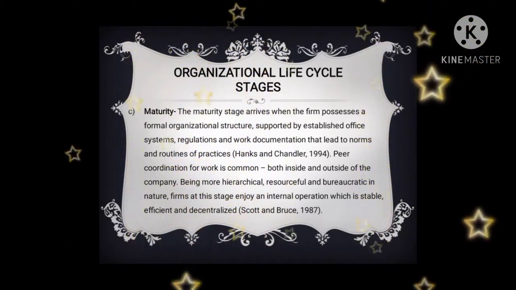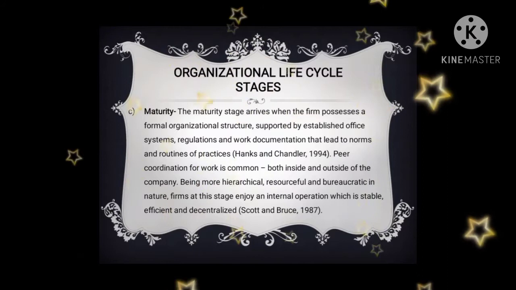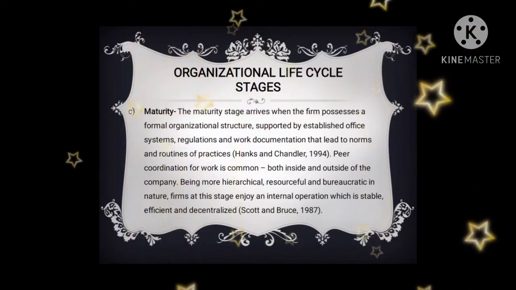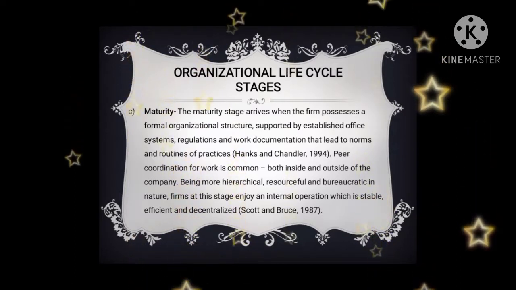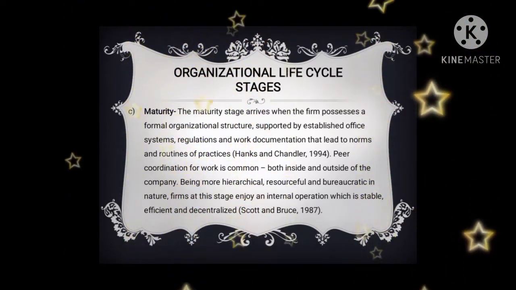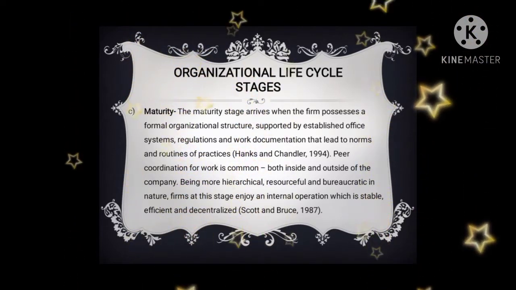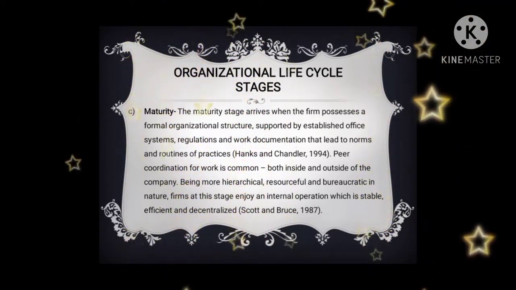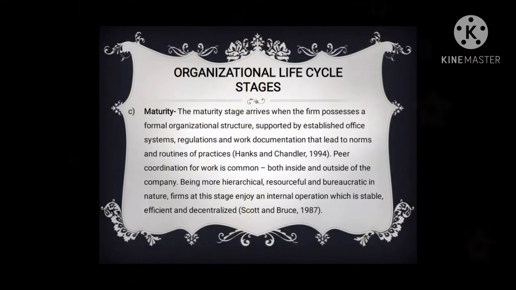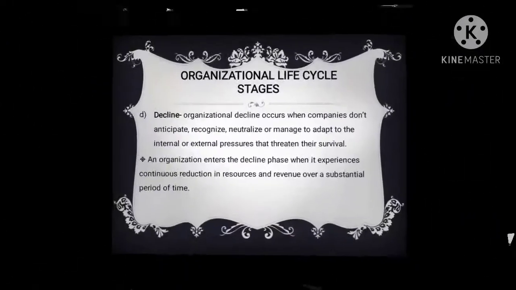Peer coordination for work is common both inside and outside of the company. Being more hierarchical, resourceful, and bureaucratic in nature, firms at this stage enjoy an internal operation which is stable, efficient, and decentralized.